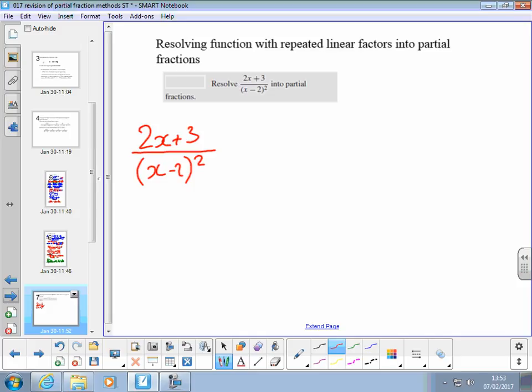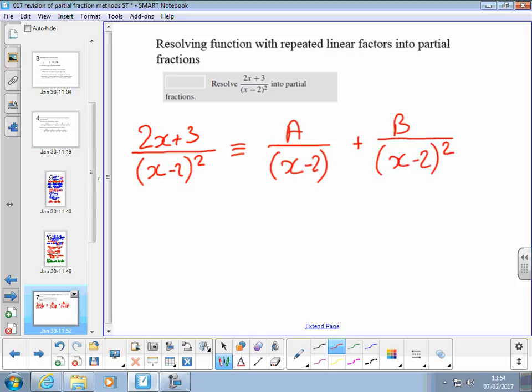We're going to resolve that into partial fractions. What we can do is say that's equivalent to A over x minus 2 plus B over (x minus 2) squared. Okay?